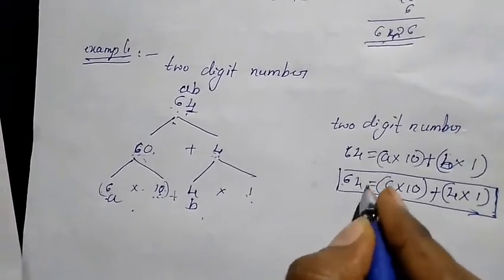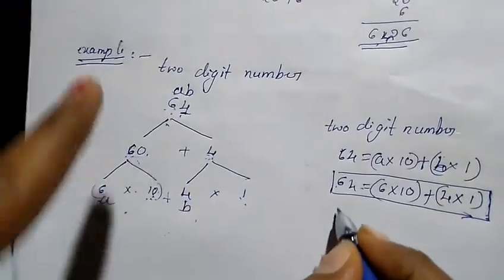The formula we can write: in place of 64, AB is there.